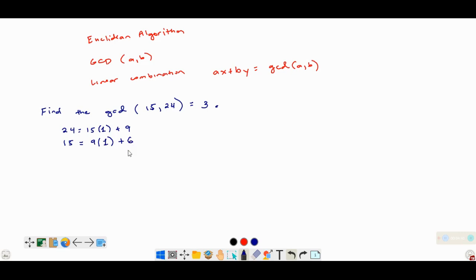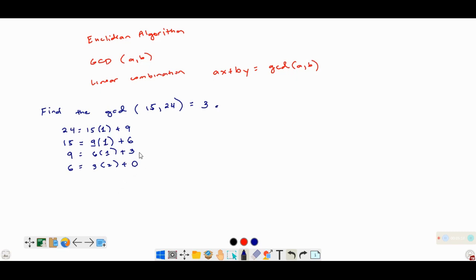We're going to arrive here with 6. After that, take our number from this part. We have 9. Get the quotient and the remainder. We have 9 divided by 6 is 1, 6 times 1 plus 3. And finally, let's have 6. Get their quotient. We have 3 times 2. And of course, our remainder 0.